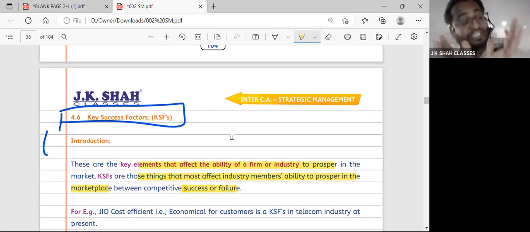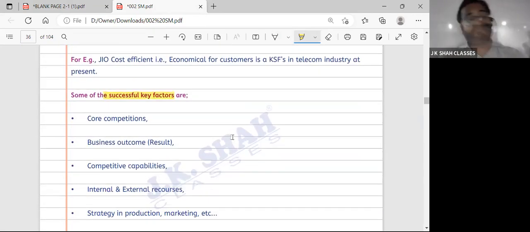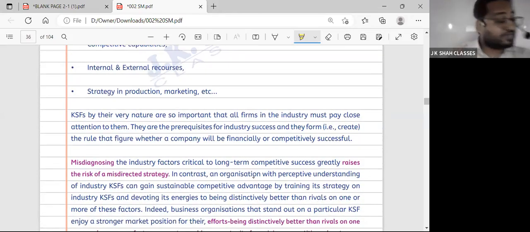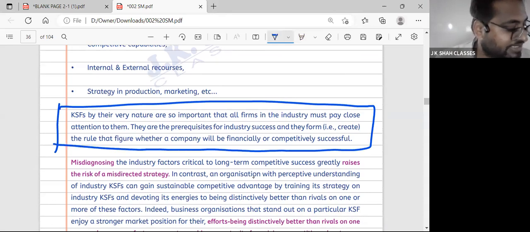If you have these components, you will be successful. If you don't, you will not. I have already explained the examples. This is very, very, very important.